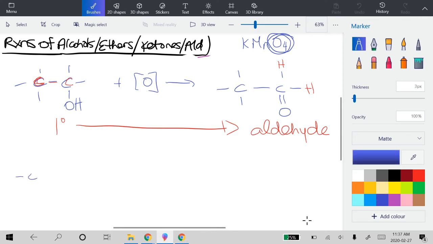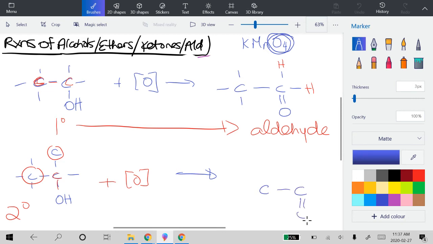But putting those side by side, if I were to do a secondary alcohol, where now the carbon that had the hydroxyl group bonded to it is bonded to 1, 2 carbons, and I tried to oxidize that one, now my double bond would be in the middle of the chain. And that makes this one a ketone.